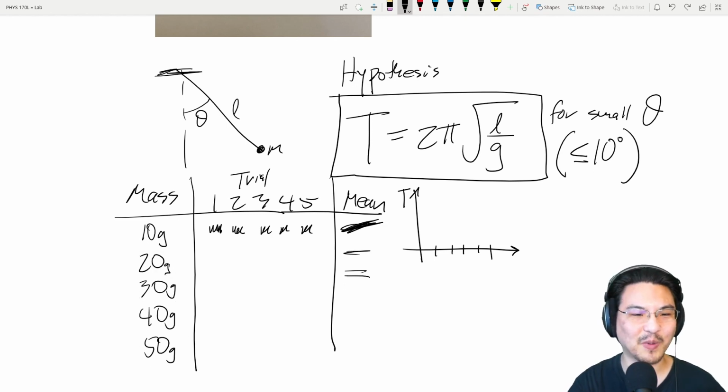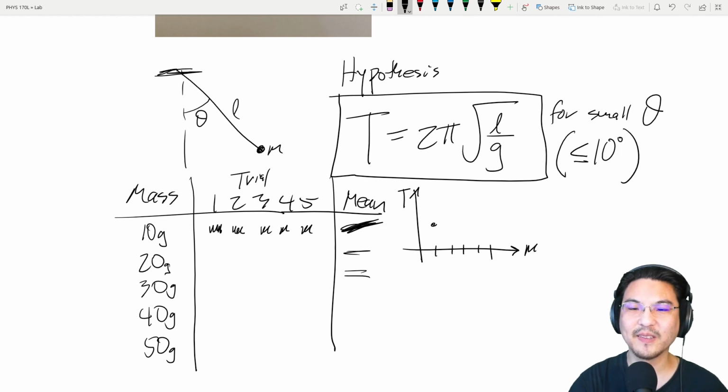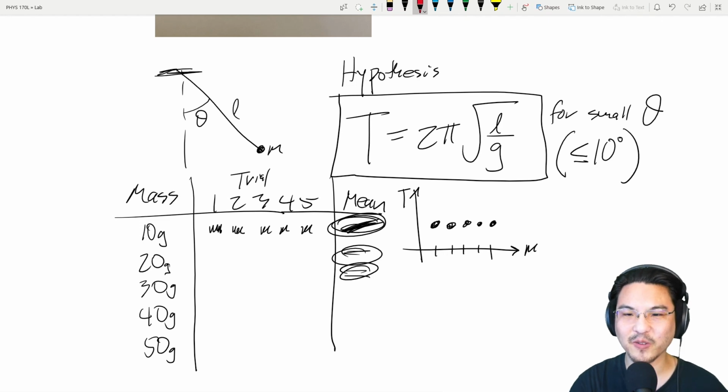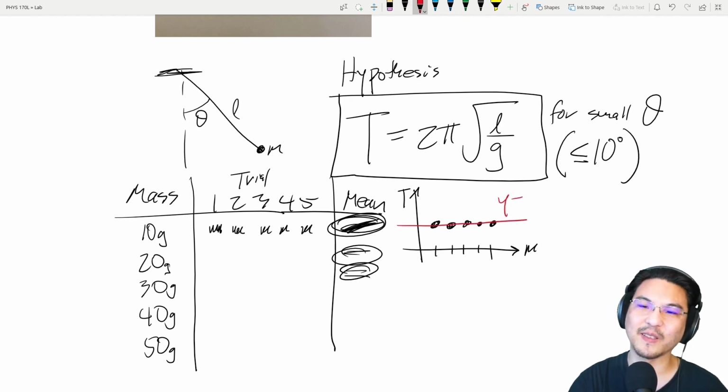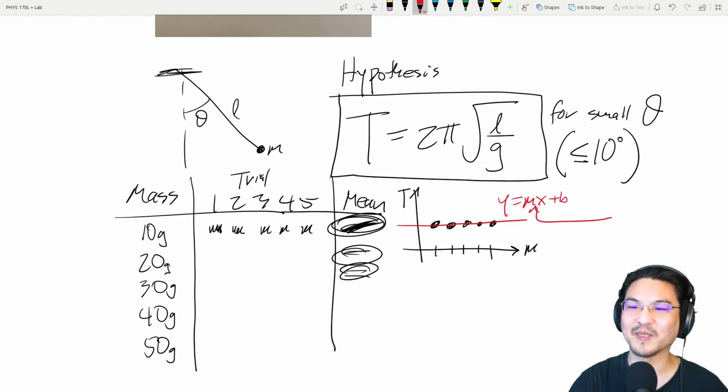Like it doesn't have to be perfect like this. Okay, and then you just graph period as a function of mass, and then you'll have your 5 different masses. Each of these data points, again, is the mean of your trials. And then you do a trend line, look at the slope of the trend line, and we're expecting it to be pretty close to 0, meaning horizontal.